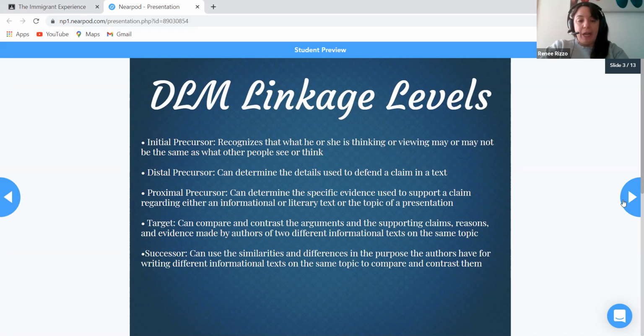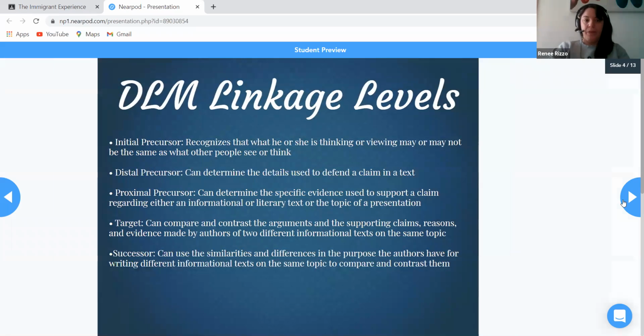Target can compare and contrast the arguments and the supporting claims, reasons, and evidence made by authors of two different informational texts on the same topic. Successor can use the similarities and differences in the purpose the authors have for writing different informational texts on the same topic to compare and contrast them.